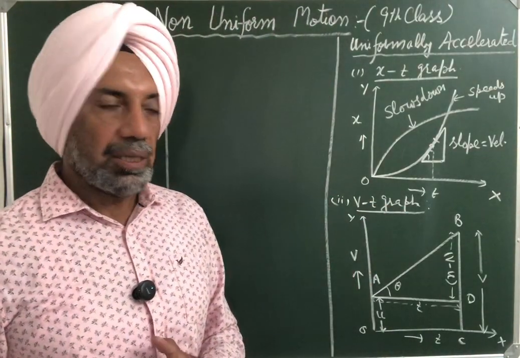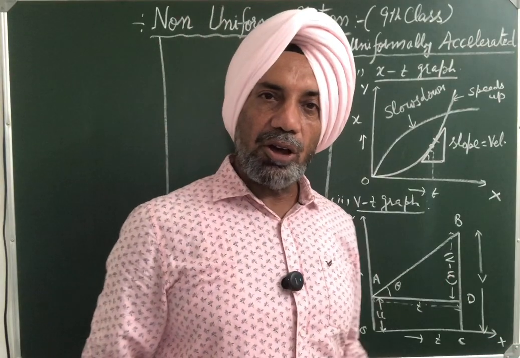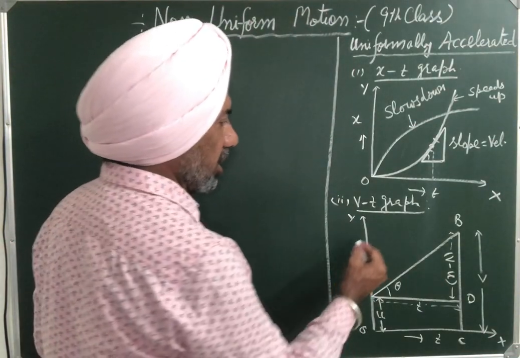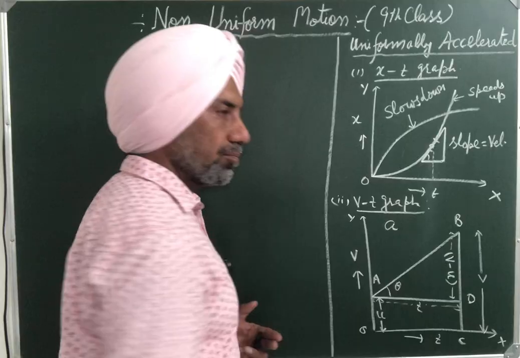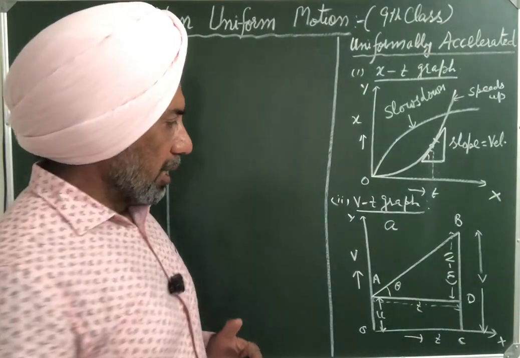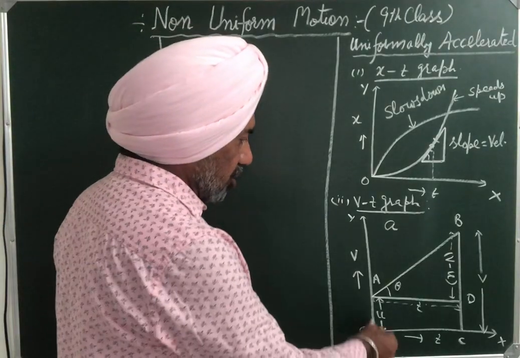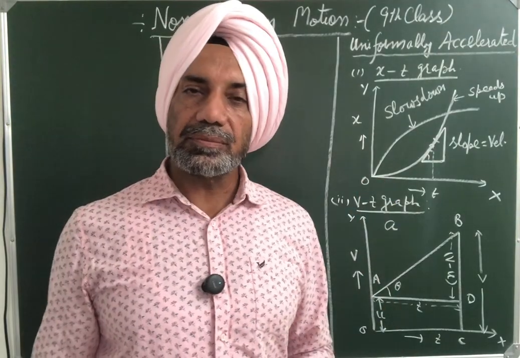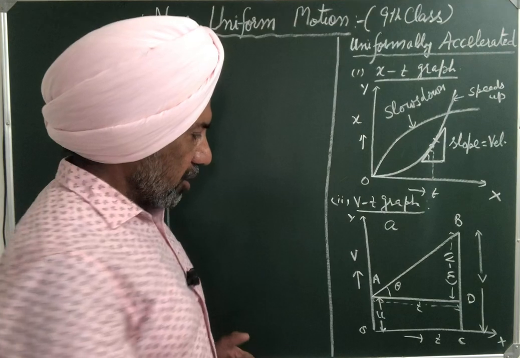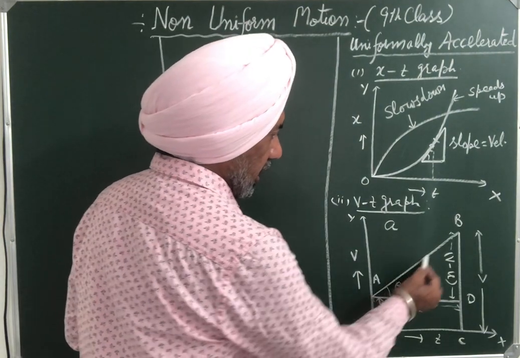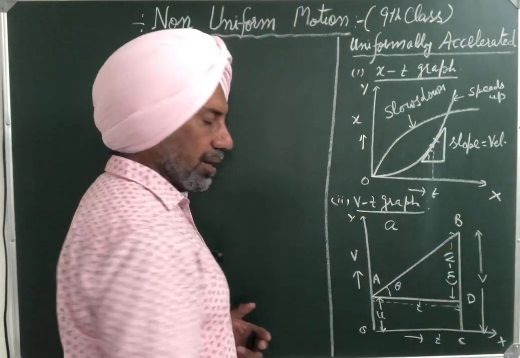Now suppose the velocity of the body is increasing at a constant rate with uniform acceleration a. When a graph is plotted taking time along the x-axis and the corresponding velocity of the body along the y-axis, because velocity is changing, we get a straight line AB as shown in the figure.